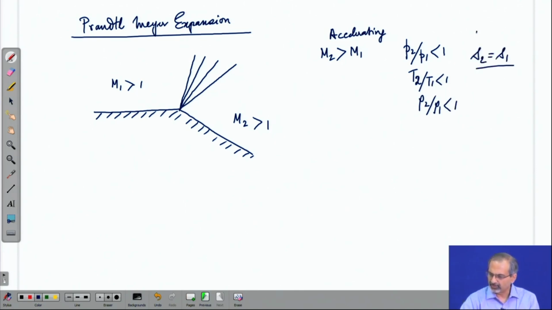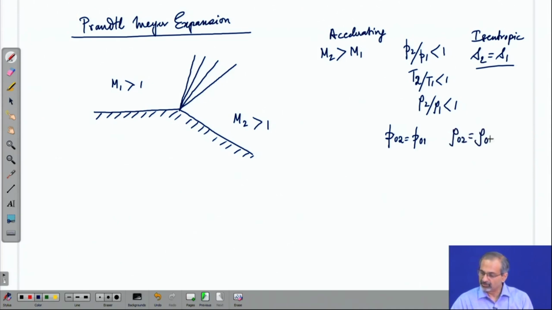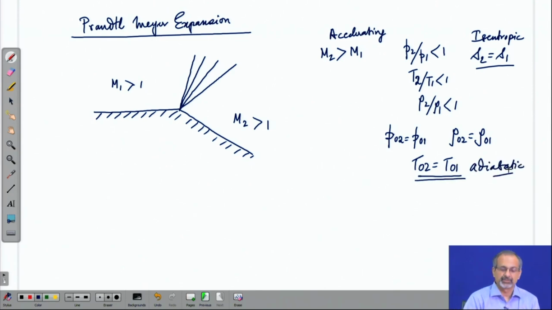It is an isentropic process, and therefore, entropy remains identical. If you look at the stagnation pressure, for example, it must remain identical, because it is an isentropic process. Stagnation density also remains identical. Of course, stagnation temperature certainly would, because for stagnation temperature conservation, you just need the process to be adiabatic, no more than that. Here you have reversible adiabatic.